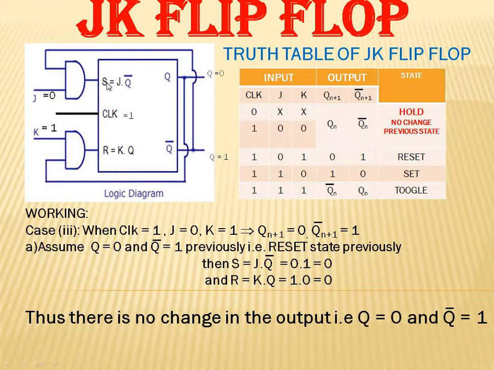Now, from the diagram it is clear S is equal to J into Q bar. If we apply those values, J is 0, Q bar is 1, that means S is equal to 0. Similarly, R is equal to K into Q, that means 1 into 0, that means 0. Again, we got the hold state. That means Q will be 0, Q bar will be 1 even after the application of the clock pulse.